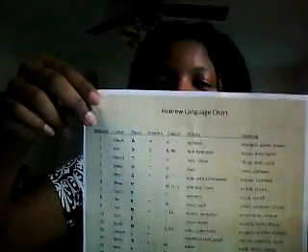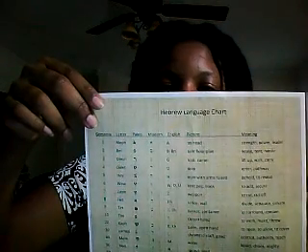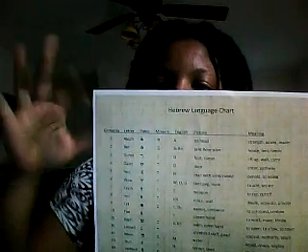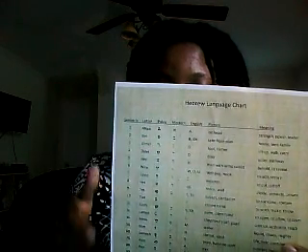Then we have this Hebrew language chart, which I printed offline. I think I got it from Shemaiah Israel. It shows the numbers, because all Hebrew letters are associated with a number.